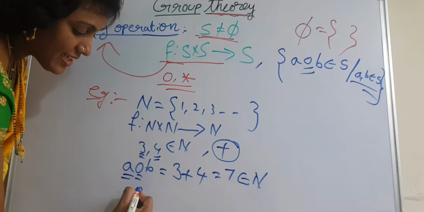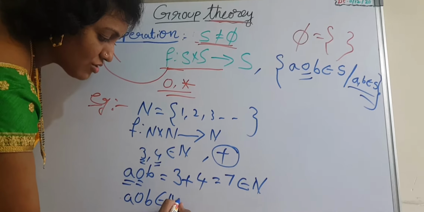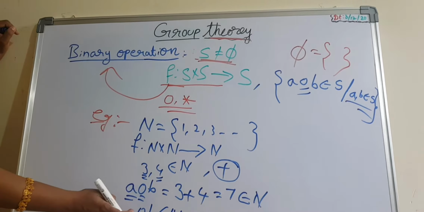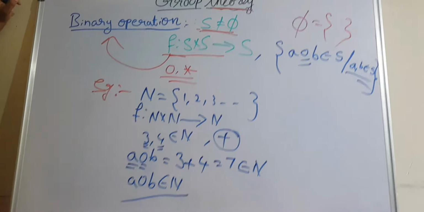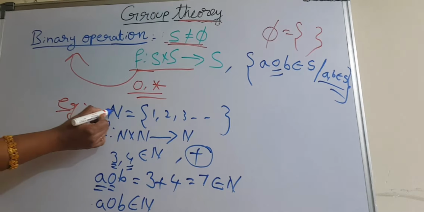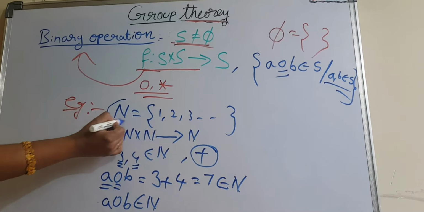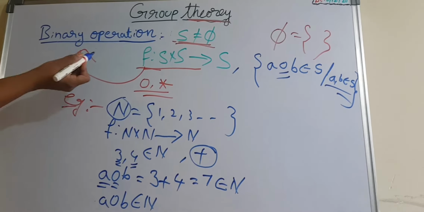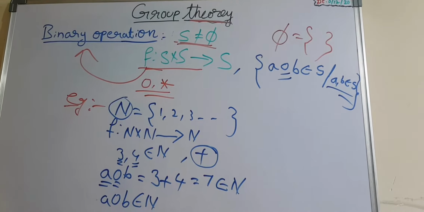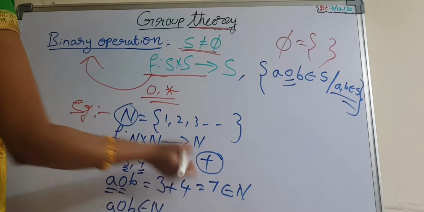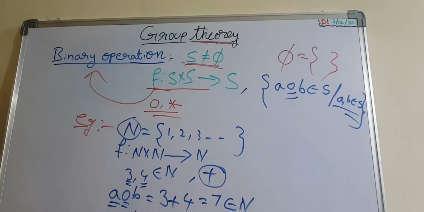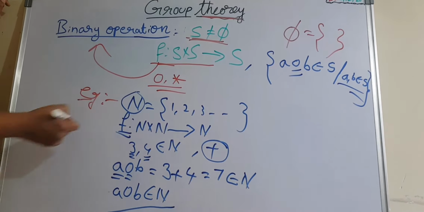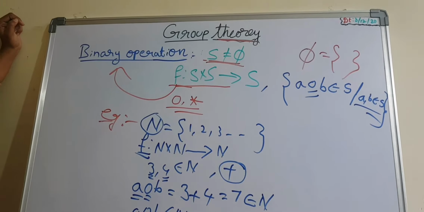Therefore, A circle B also belongs to natural numbers. Therefore, the set of natural numbers satisfies the binary operation with respect to addition. f satisfies the binary operation.